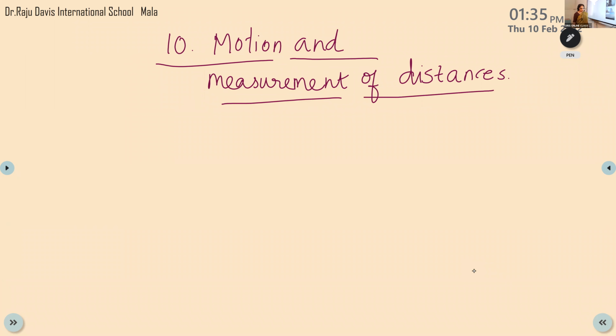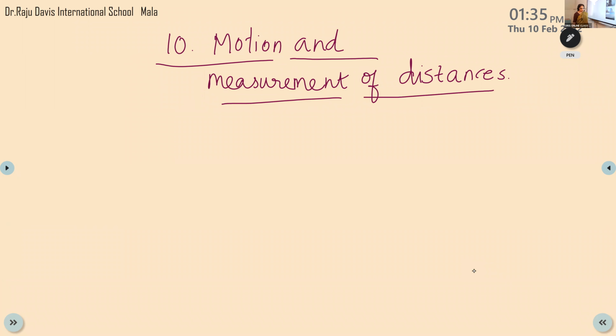Okay, about each type of motion we can learn with examples. So first one, rectilinear motion. When you learned the chapter light, when you learned about the pinhole camera, you heard the word rectilinear motion.